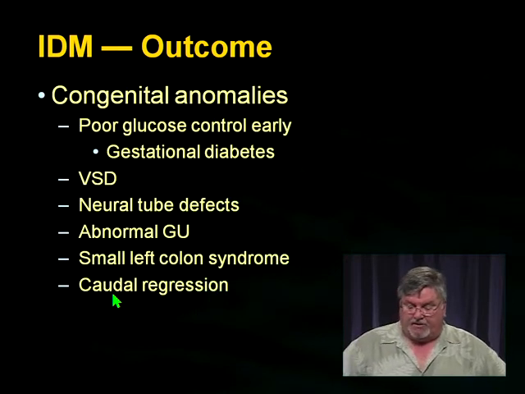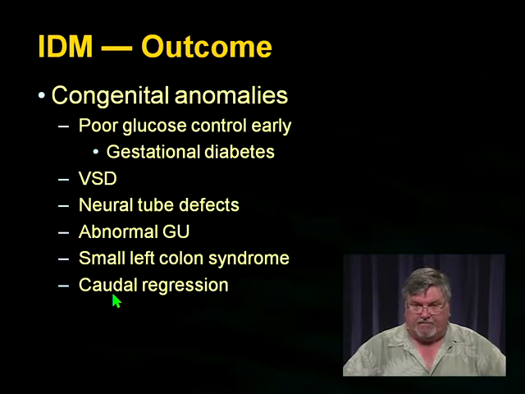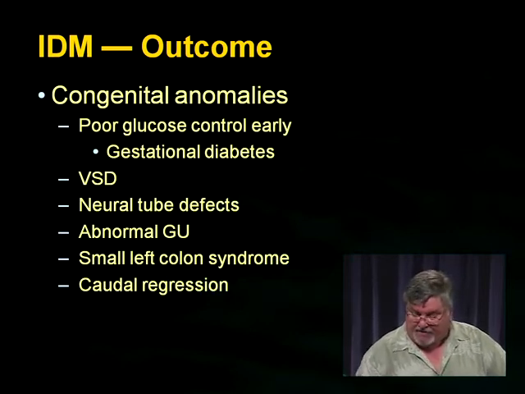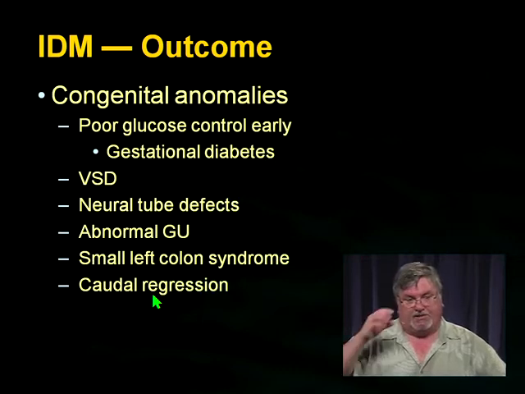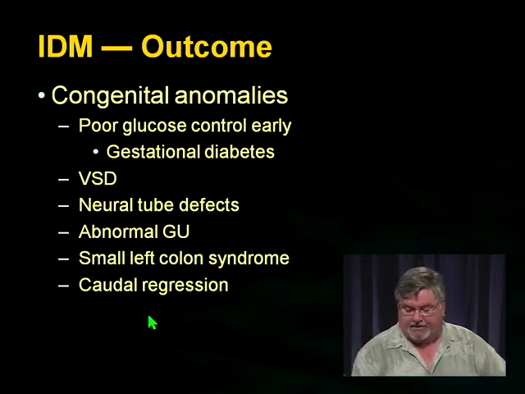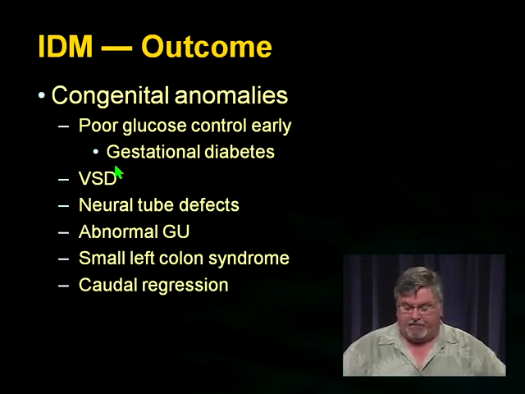Infants of diabetic mothers can have congenital anomalies. We talked about early glucose control. The pathognomonic abnormality that they have in terms of congenital anomalies is caudal regression syndrome. So if you have a baby described on a test question with caudal regression syndrome and are asked what the likely etiology is, it's an infant of a diabetic mother.